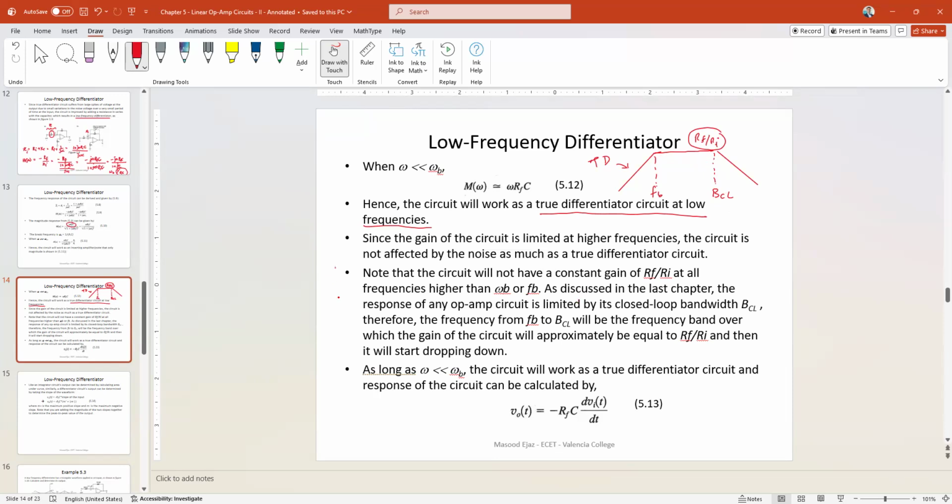And that is explained over here. So as long as omega is quite smaller than omega b, the circuit is going to work as a true differentiator circuit, and the output can be calculated by the equation of the true differentiator that we discussed earlier, that is negative RFC times the rate of change of the input voltage.